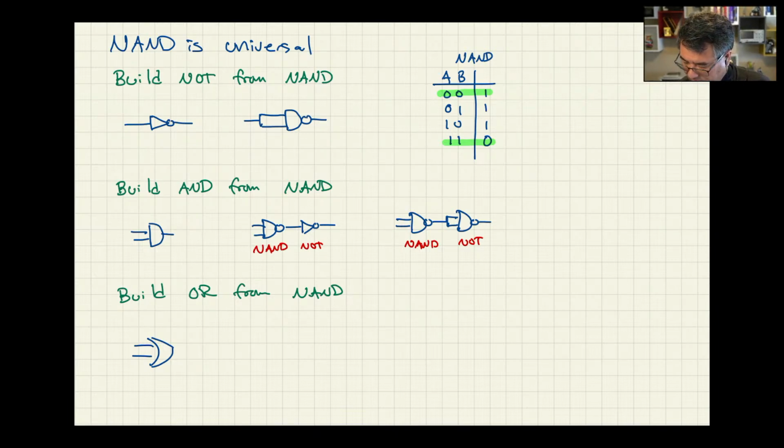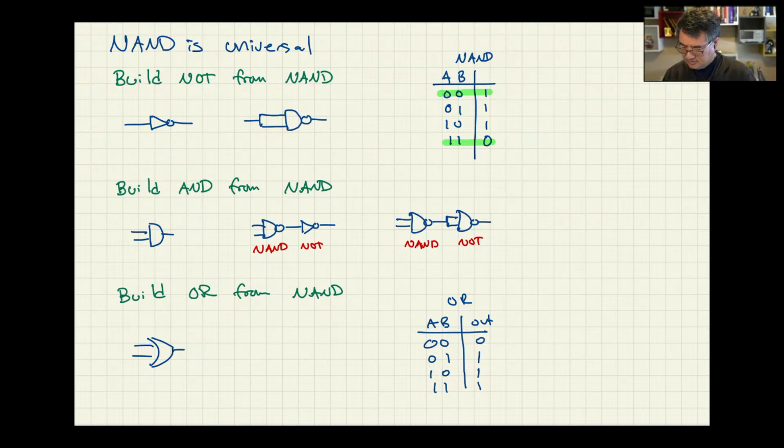And then finally for OR, let's look at the truth table for OR. And here's the one for NAND, just for comparison. It's also written up at the top, but I'll put it here as well.